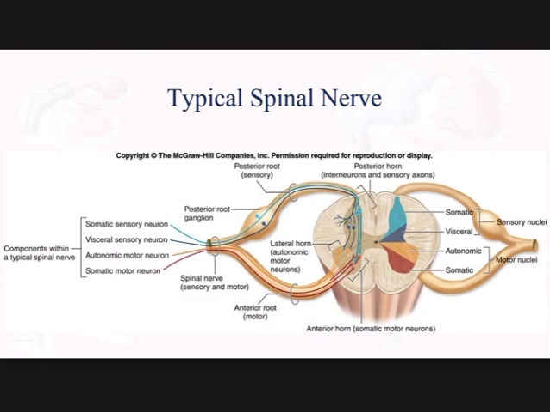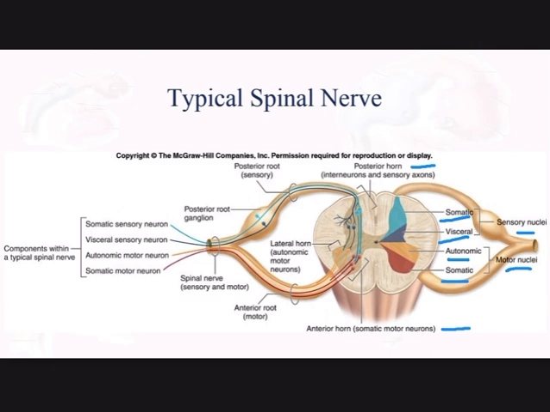Again, this picture we explained a moment ago. Let's talk posterior and anterior. Posteriorly we have the sensory and the interneurons in particular, while anteriorly we have the somatic motor. Here is the nucleus for the sensory and here the motor. We have somatic, visceral, autonomic and somatic in the motor. This is the lateral horn.